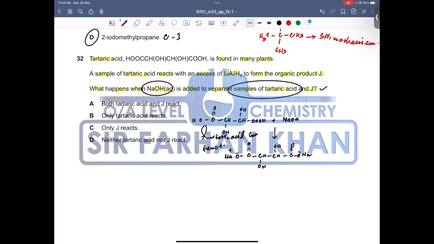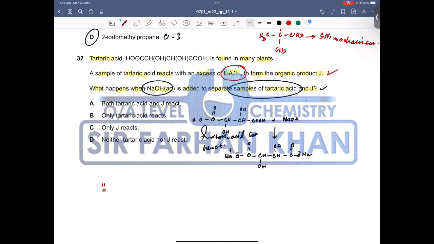Let's talk about the first part of the question, that we need to use lithium aluminum hydride. If you use lithium aluminum hydride, obviously these carboxylic groups will turn to primary alcohols because of reduction.